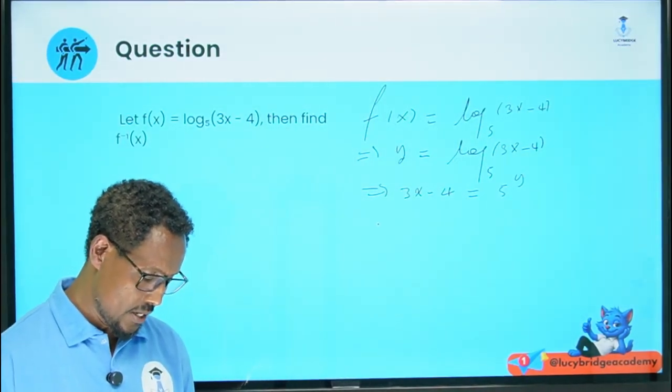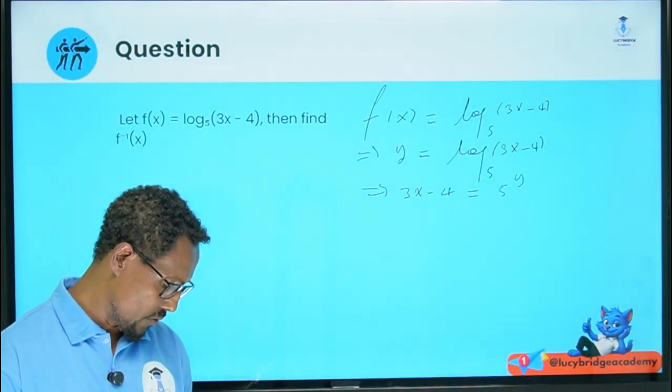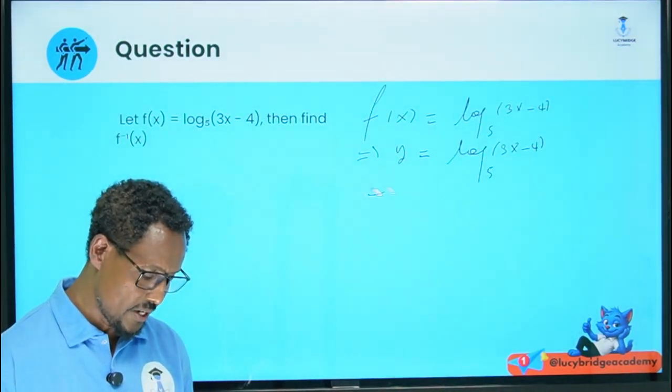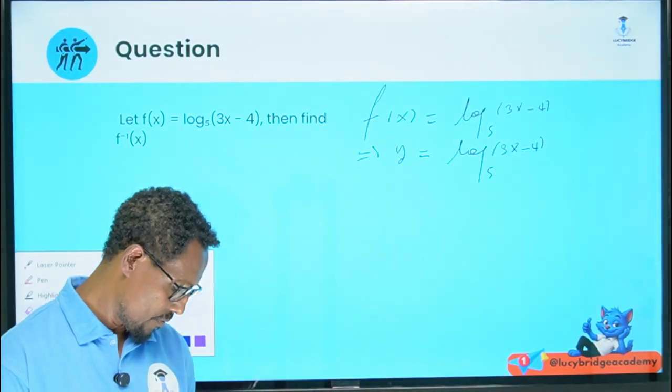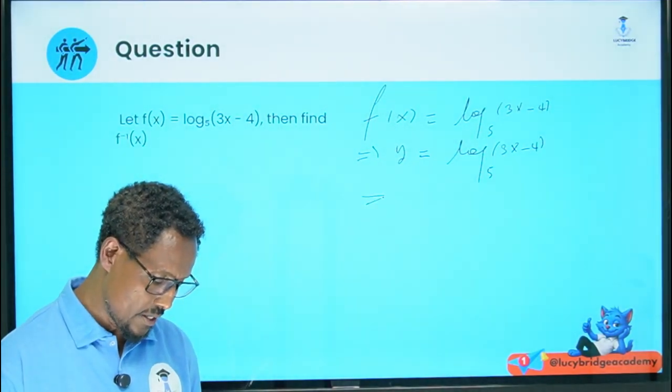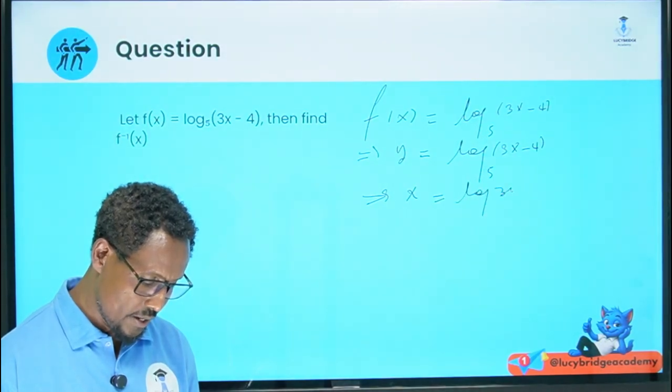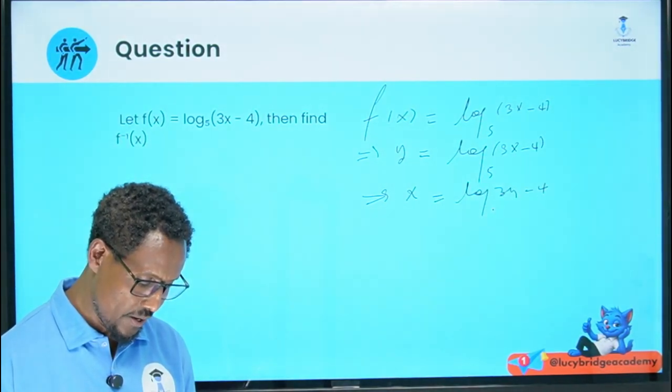Okay, we have to interchange. The next step is interchanging x and y. This implies x is equal to logarithm of 3y minus 4 to the base 5.